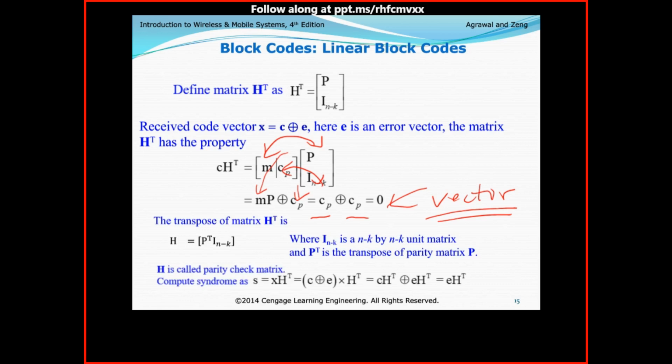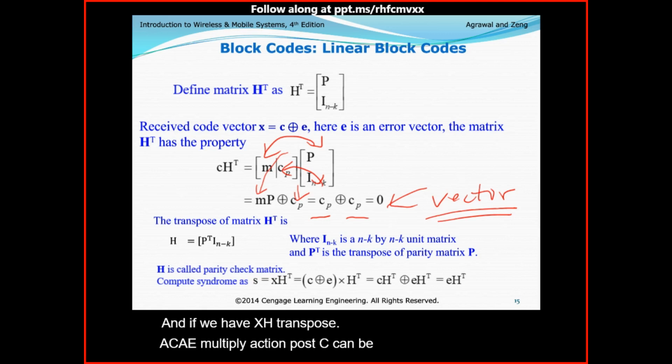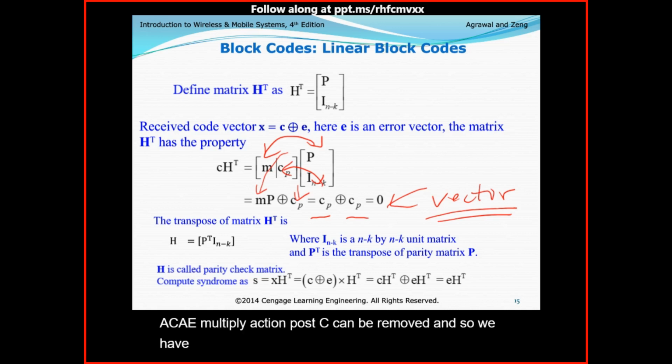Right now we have the H partition matrix, and if we have S, C multiplied by H transpose, C can be removed, and suddenly you have E multiplied by H transpose.